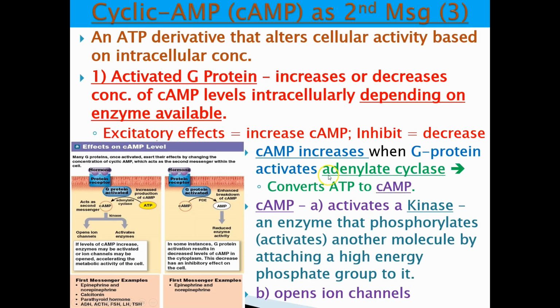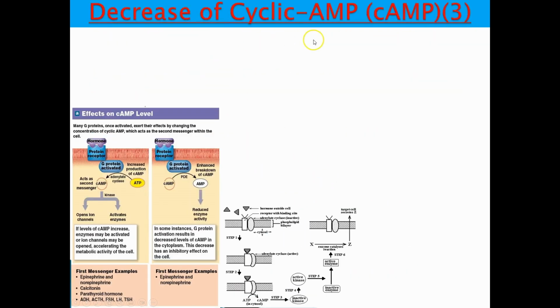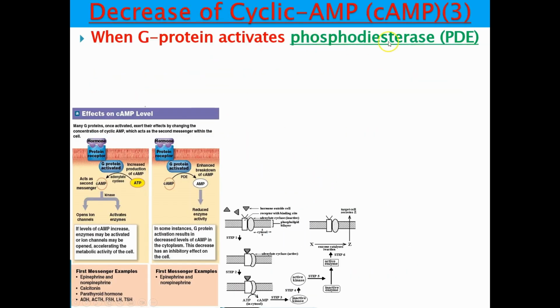Otherwise, if we have a decrease in cAMP, the way that happens is the activation of phosphodiesterase. So notice, depending on the enzyme, this was what I was saying earlier, the internal or intracellular enzymes, or cytoplasmic enzymes, those matter. In this case, notice epinephrine and norepinephrine are examples for both. When adenylate cyclase is available, cAMP goes up.